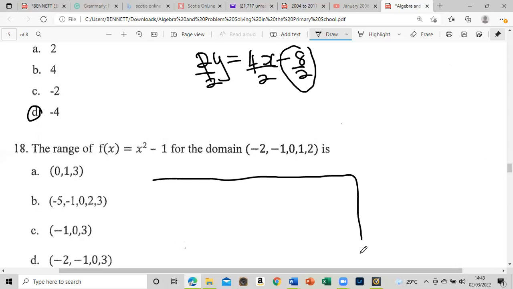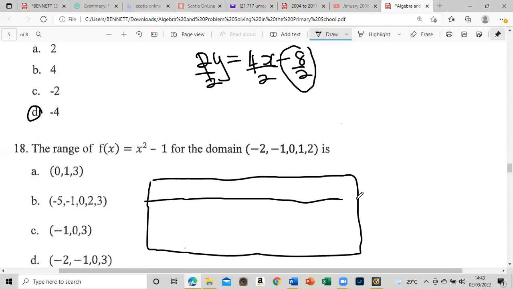Some persons don't understand this. So we have x, these are the x values, and this is what we call the domain. So we start at -2. These are actually given. They are the independent ones.